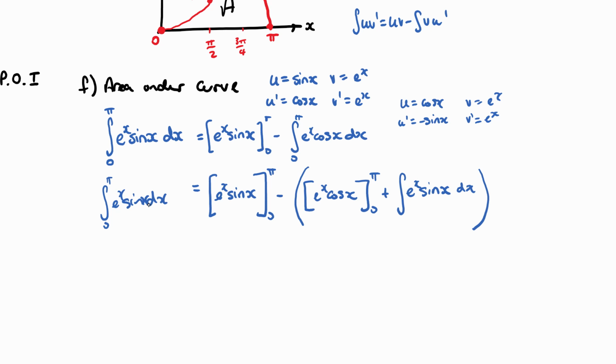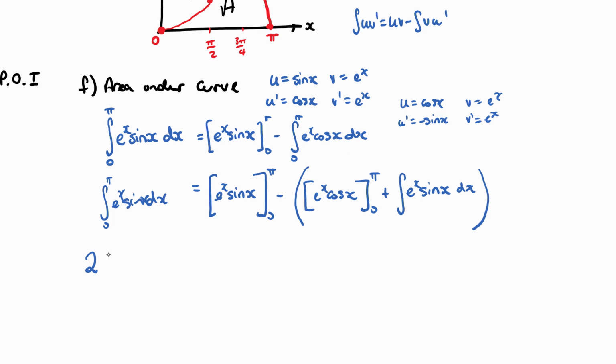Now there's a reason why this is called a repeating integral, because this seems like it will go on forever. We're going to have to keep using integral signs, but there is a way that we can actually get to our answer here. It's a bit of a neat way. If we open up this big bracket, this will turn negative and this will turn negative. If I add this negative term of the integral of e to the x sine x dx over to the other side, I already have one of them, so there's actually going to be two of them.